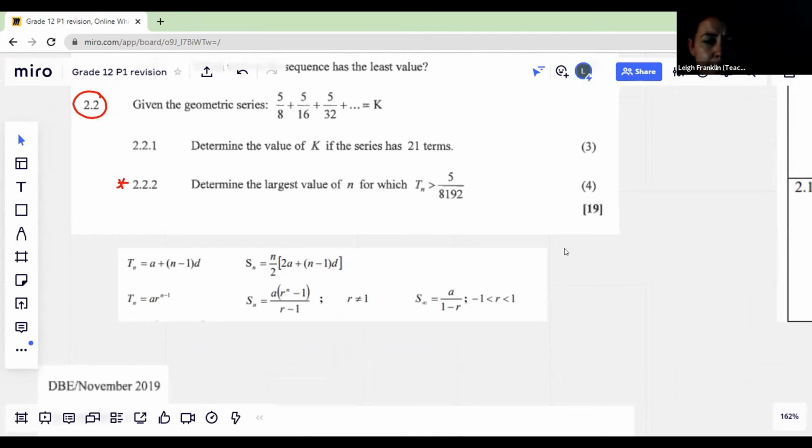We work out the value of k, and then we can talk about the second question. Okay, has anyone got an answer for k yet?